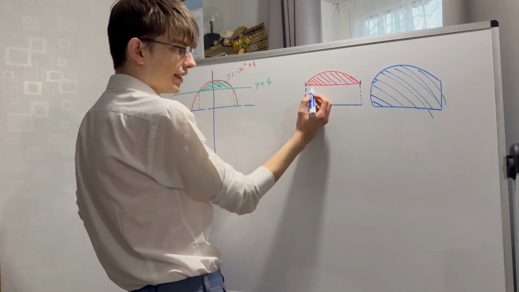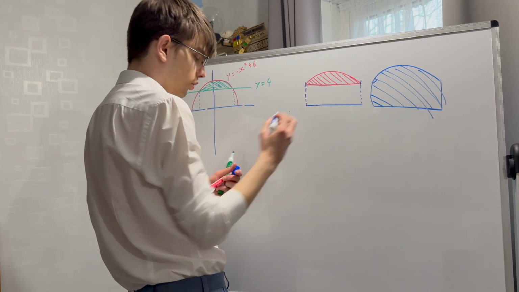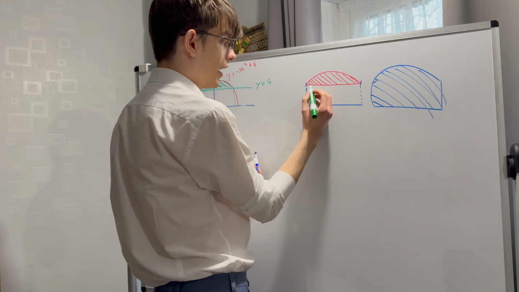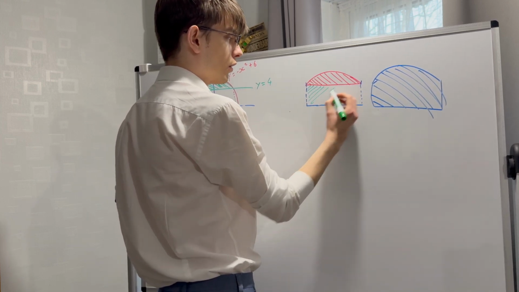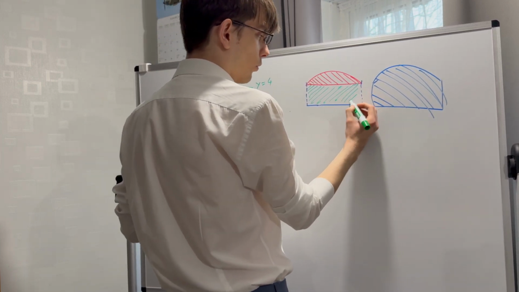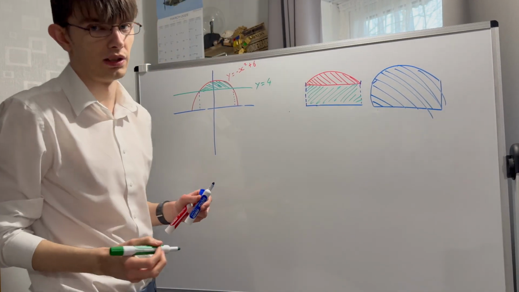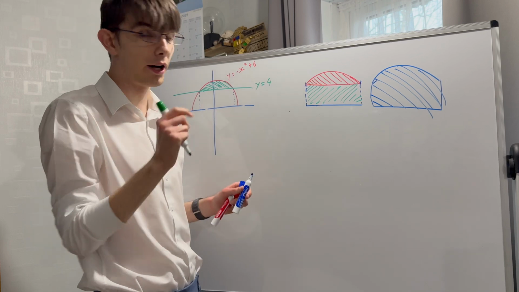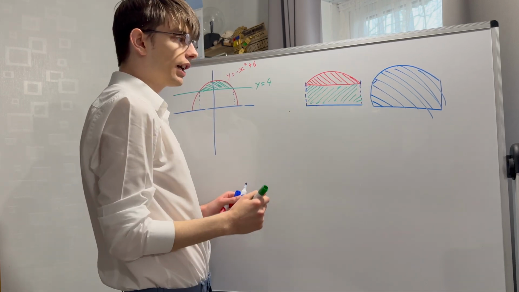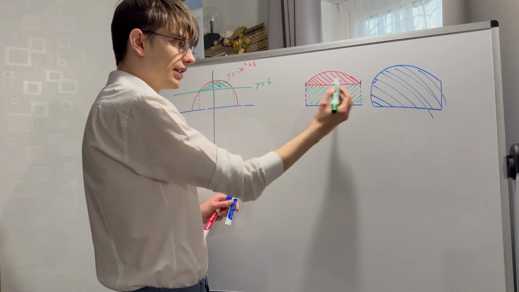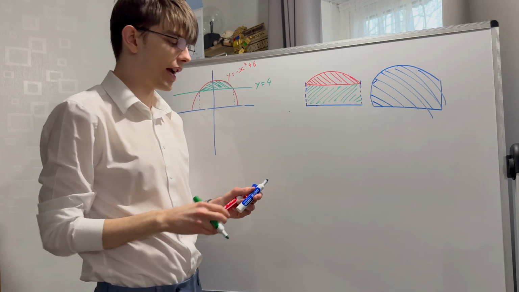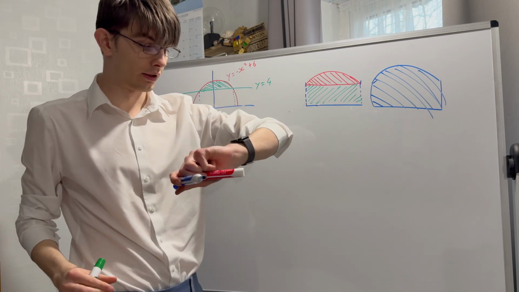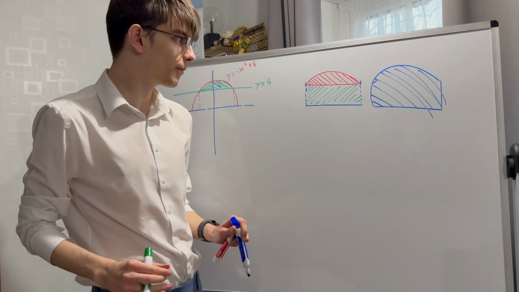So if I just want to get this area here, I can subtract the area of this rectangle, which hopefully we should be able to find by now. If we can't find the area of a rectangle, not sure what we're doing in the middle of a calculus playlist. But I can simply integrate under this, between this point and this point, and subtract the area of that rectangle. Okay, that was a lot of wishy-washy stuff. That took way too long.